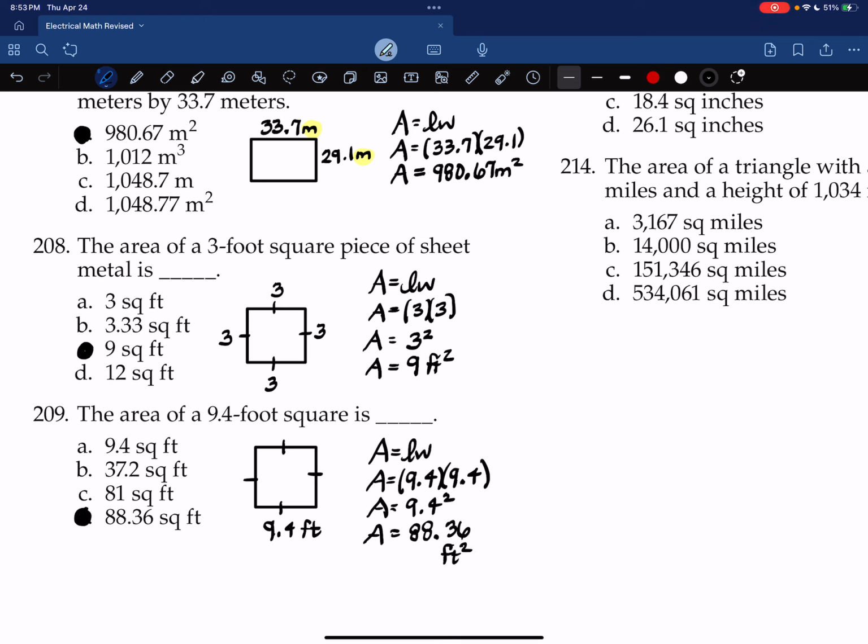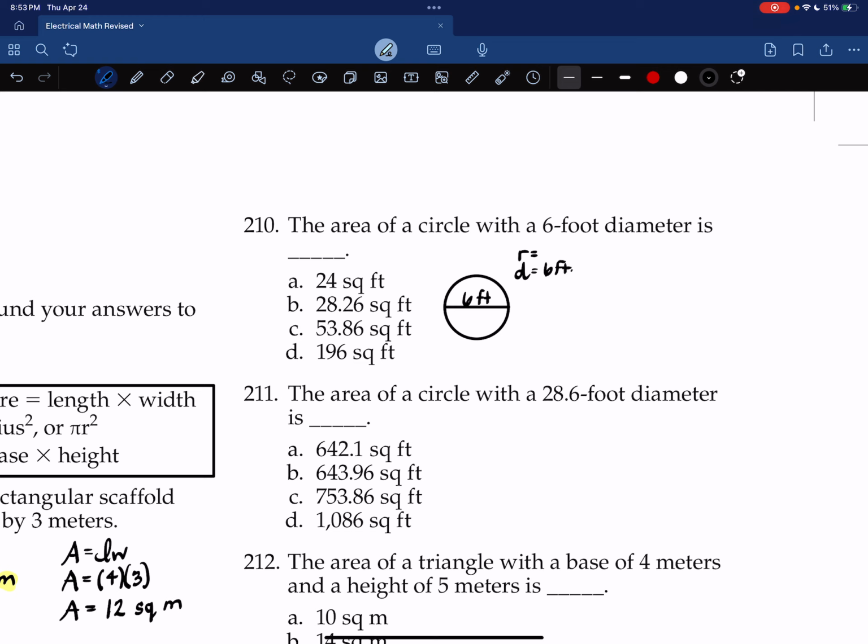210. The area of a circle with a 6-foot diameter is blank. So this is 6 feet. If diameter is 6 feet, radius would be 3 feet, half of that. And the area of a circle is pi r squared.